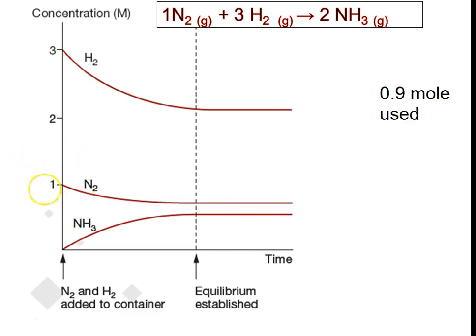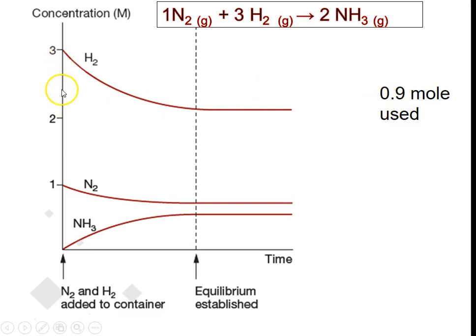So you need the concentration of your reactants initially, so you've got 1 mole per litre, 3 moles per litre, and no product. And then the hydrogen, you've used 0.9 mole. For this example, we'll say this is 3 moles per litre, and you've used 0.9 moles, which is 0.9 moles in a litre.